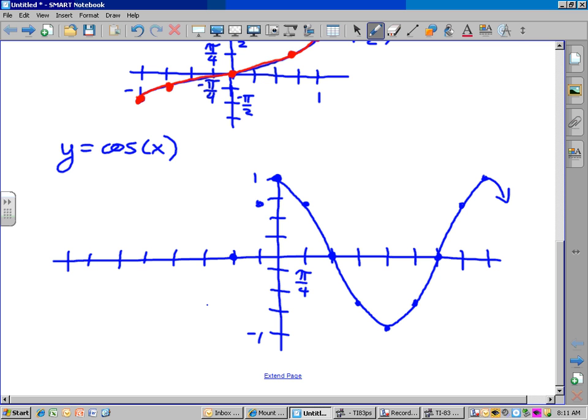Go in the negative direction now. All right, so that's your cosine graph.